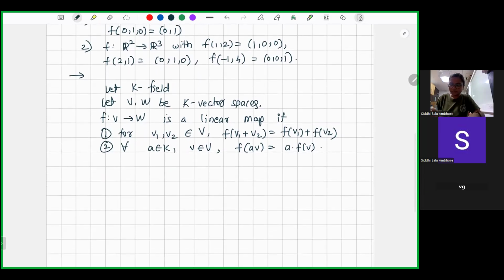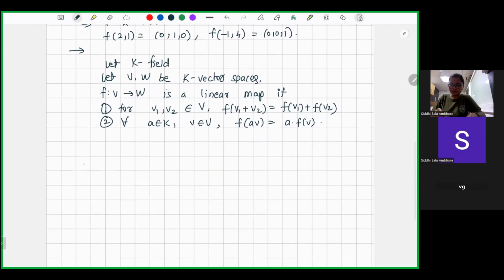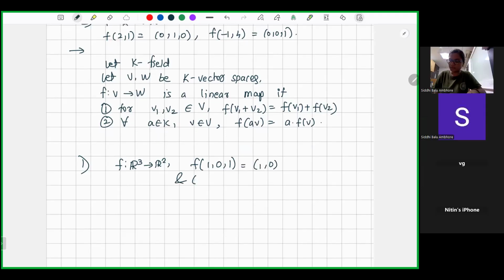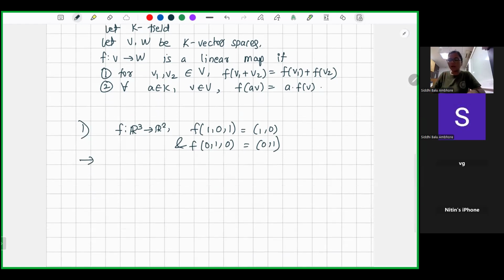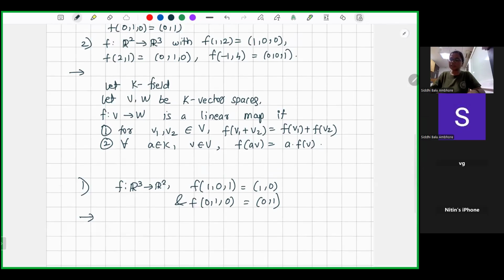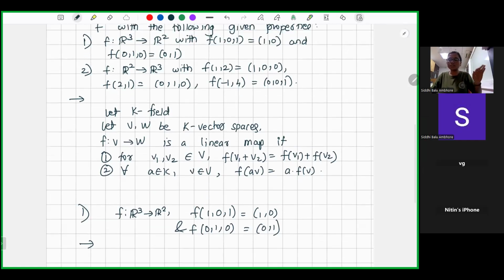We will see whether such an F exists, from R3 to R2, with F of (1, 0, 1) equal to (1, 0) and F of (0, 1, 0) equal to (0, 1).